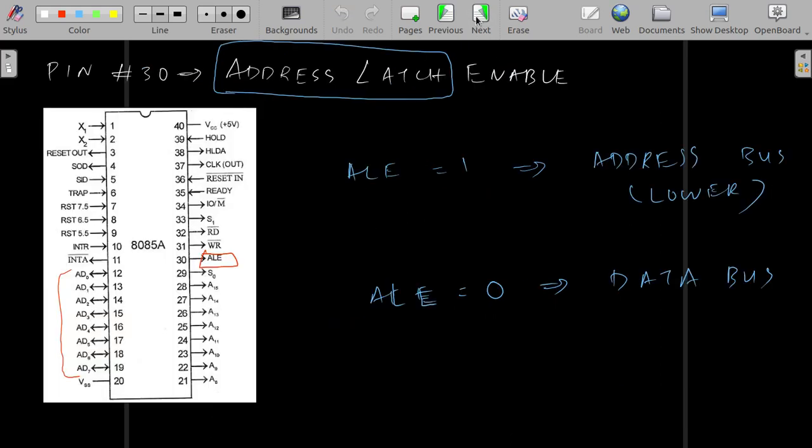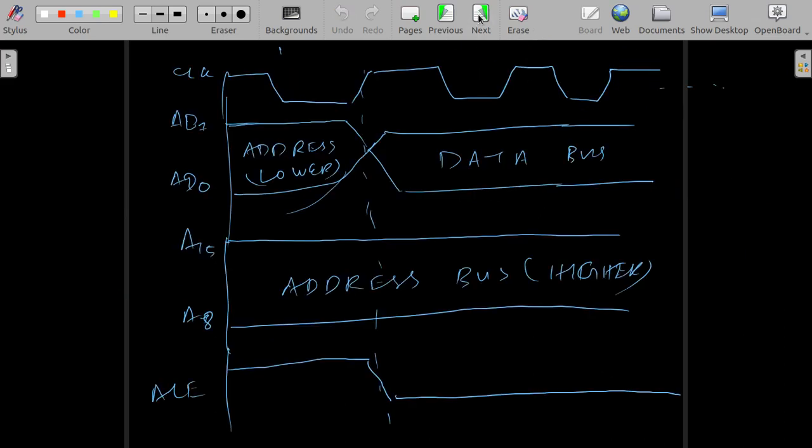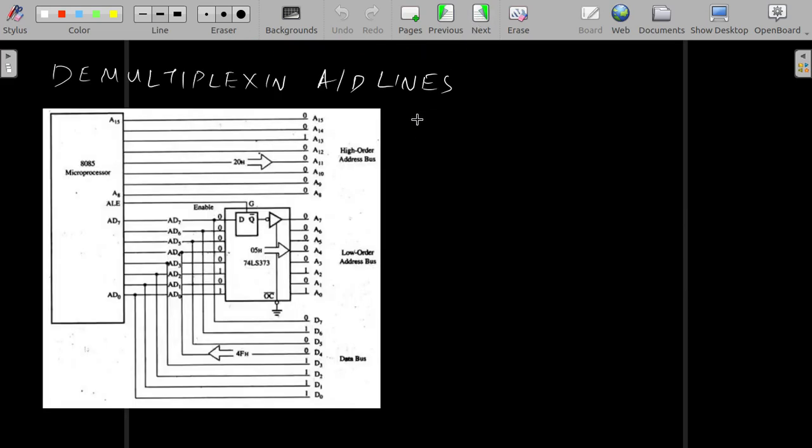Now, to implement this concept, demultiplexing of the address and data bus, let's see how that demultiplexing is done in detail.